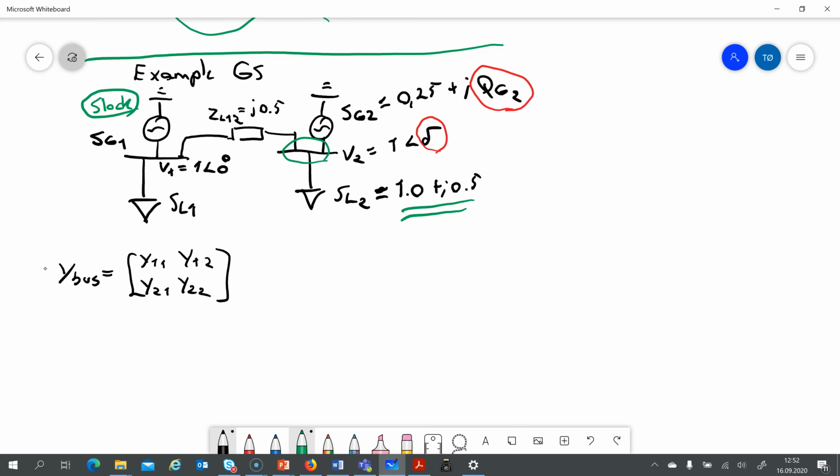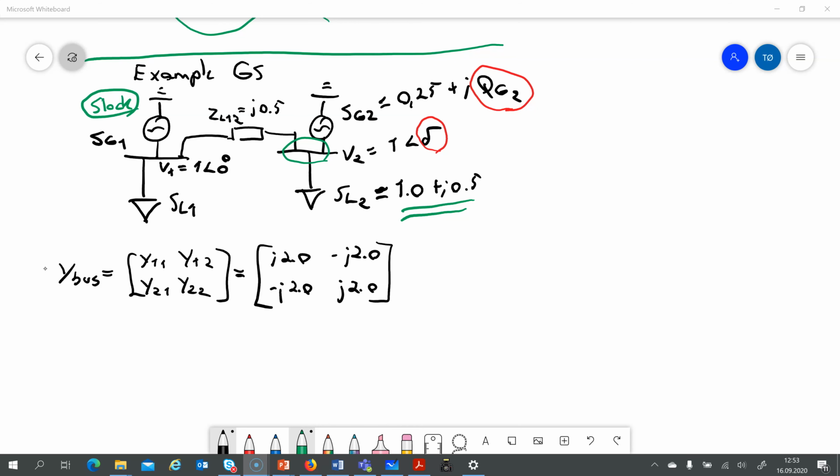And actually in this matrix the values will be the same, just with plus and minus signs. Let's do this: minus j2.0, j2.0, j2.0, minus j2.0. Just take the inverse of the impedance above. So that's all we need for this small system.